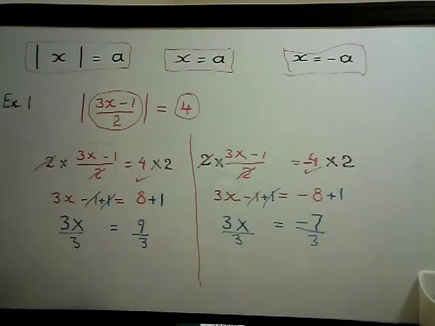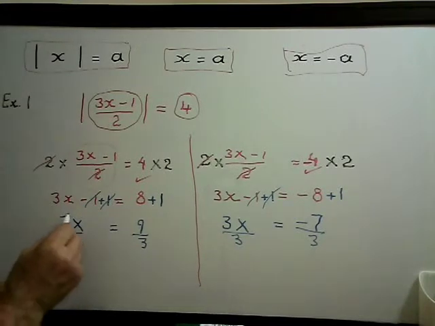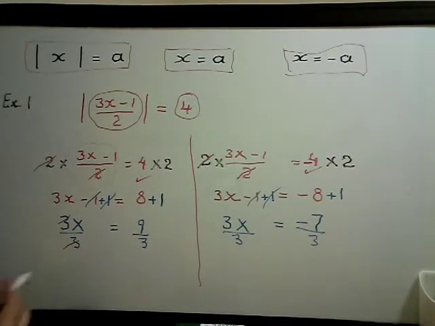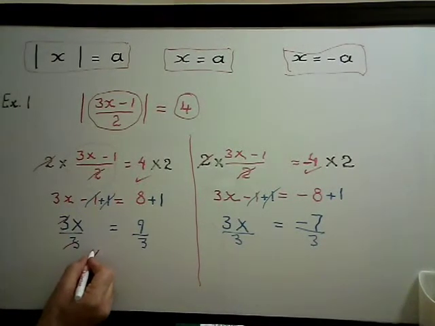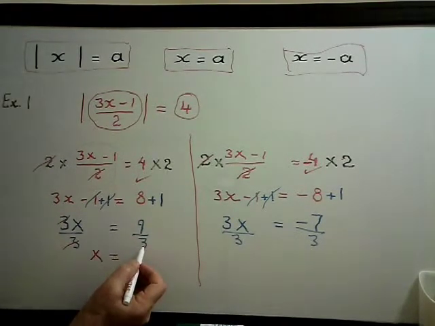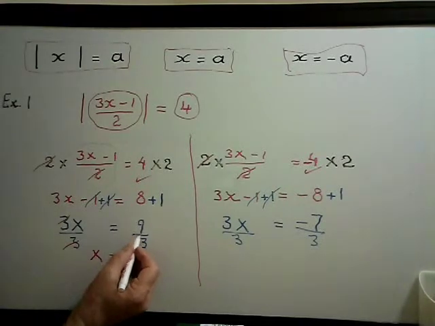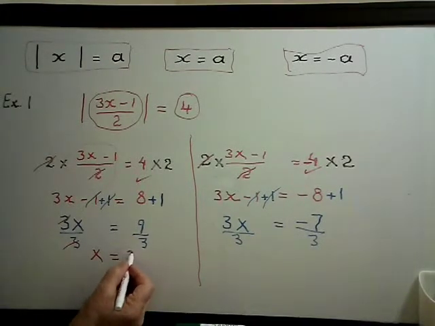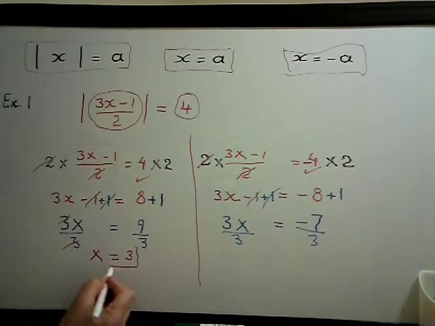Also, we cancel 3 with 3, so we get x is equal 9 divided by 3, that means 3. So this is the first value for x.